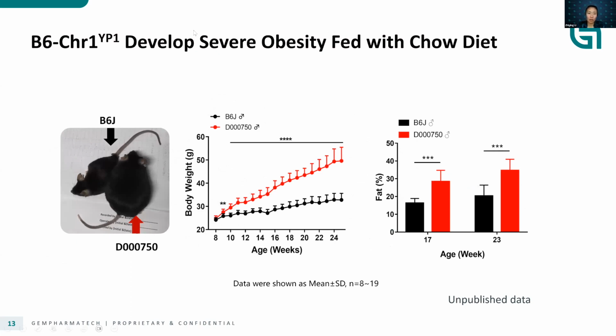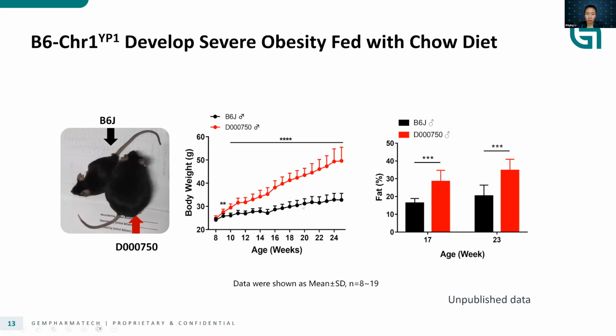As you can tell, this is a pair of age-matched B6 on the left side, and then this YP1 mouse on the right side. They're still young, I think about 12 weeks of age. So as you can tell, very obviously this mouse has a metabolic phenotype, is obese. So showing you here is their body weight.